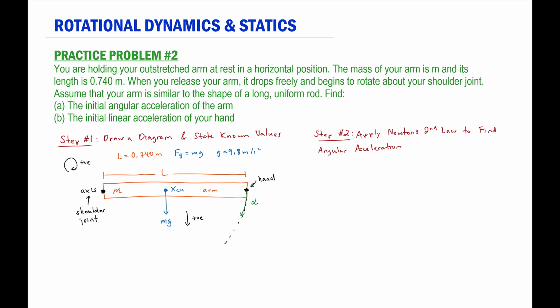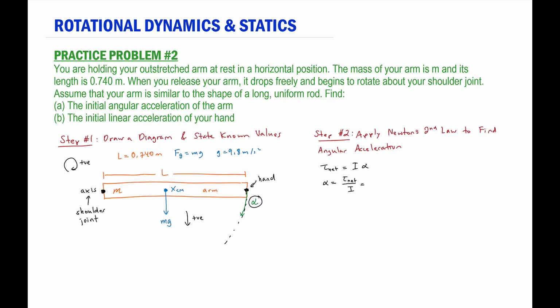So, we're looking for alpha, and we know that Newton's second law is the net torque being equal to the moment of inertia times alpha. So alpha is going to be equal to torque over moment of inertia.